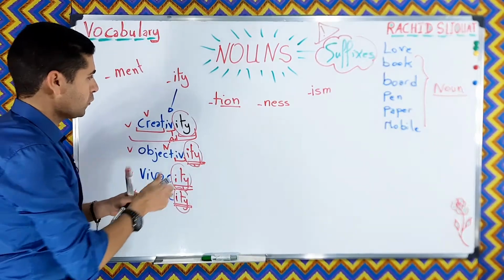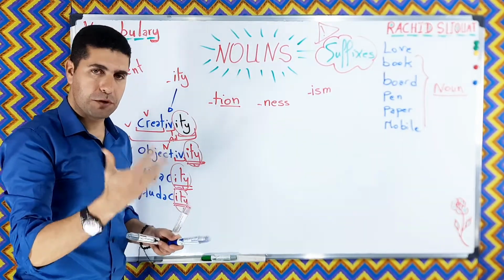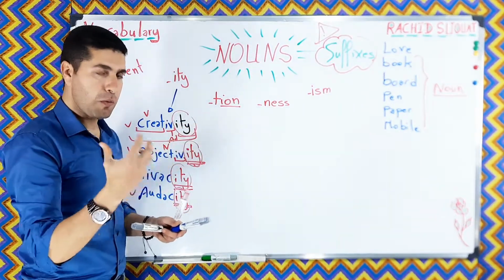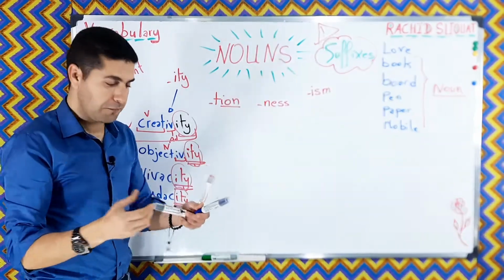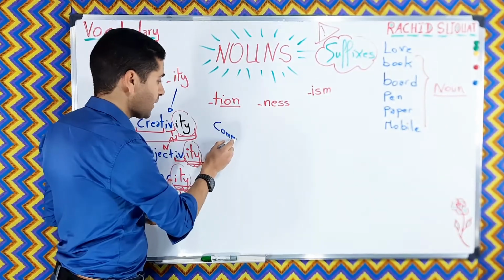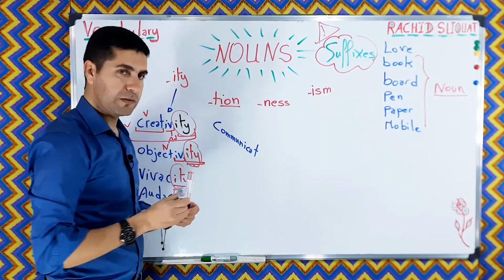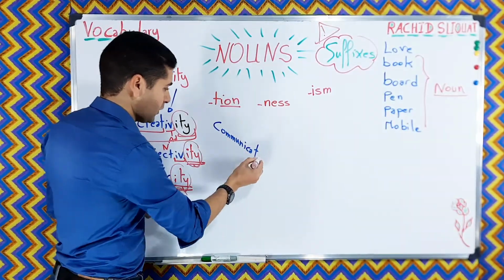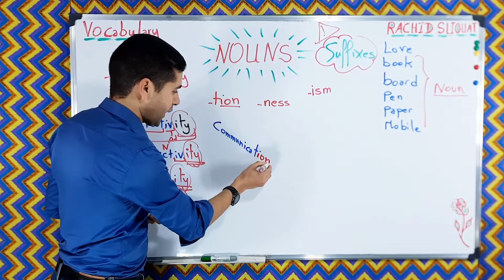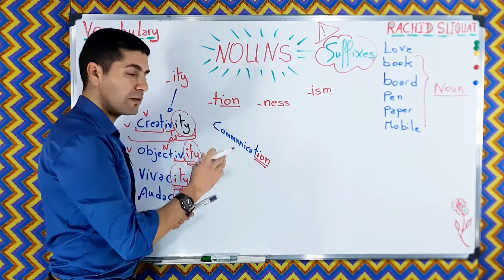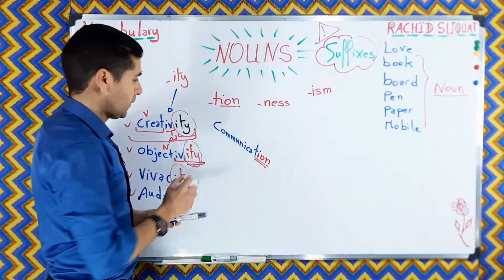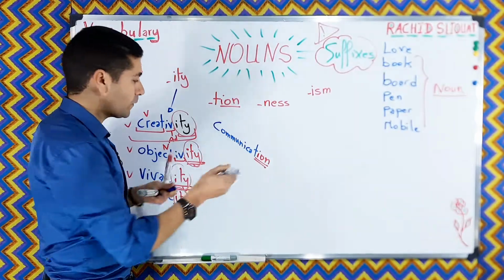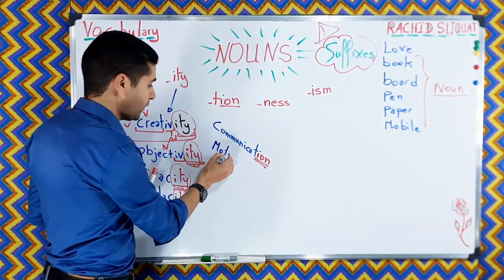Now let's go to shun, that we pronounce shun, spelled T-I-O-N. We can find it in, for example, communication, from the verb communicate. We can talk about motivation, for instance.